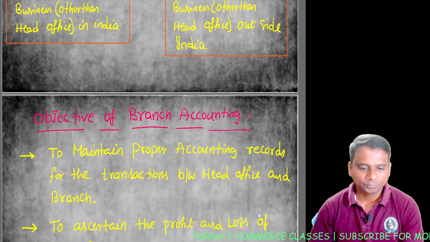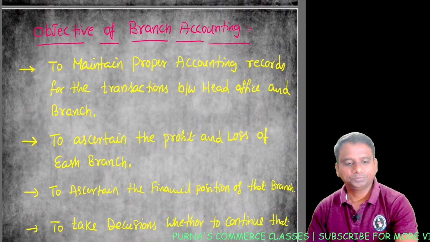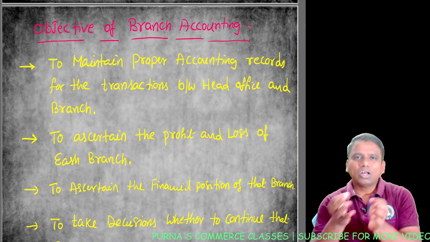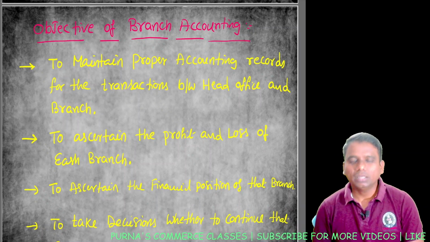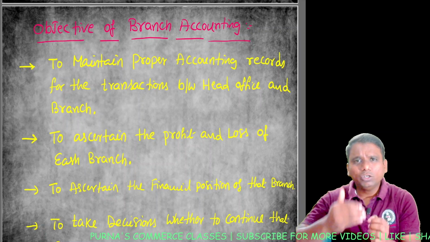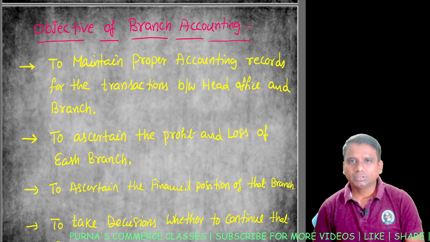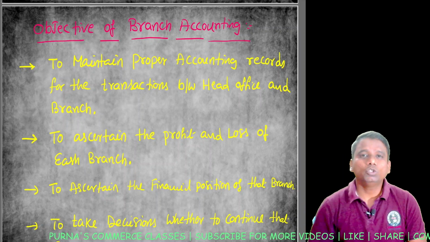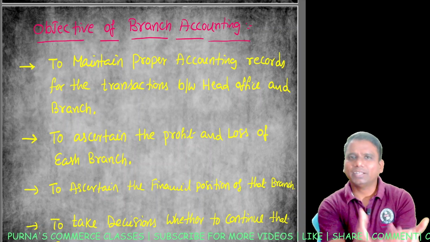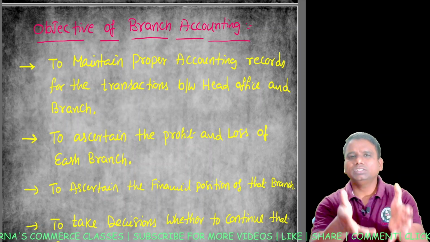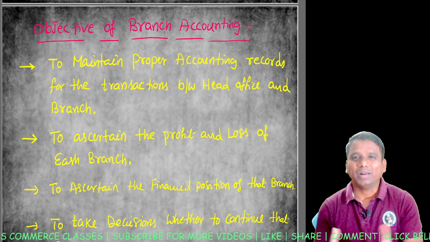Next, I hope you are following, students. Now, what is the objective of our chapter, accounting for branches? When you are opening branches, you are investing your money in another place, which is nothing but your branch. So a huge amount is involved in opening of branches.